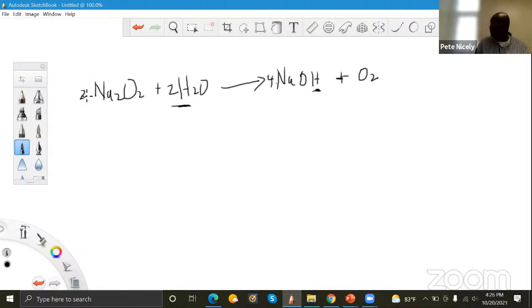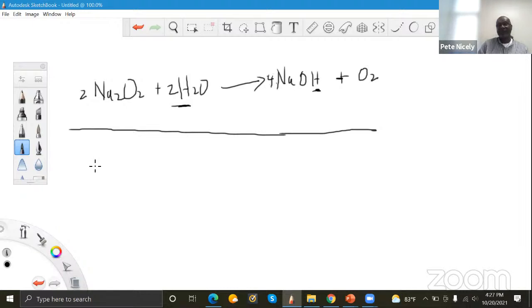Okay, very good. The last one in this series, is silicon dioxide plus hydrogen fluoride to give you silicon tetrafluoride plus water. So what's the formula for silicon dioxide, firstly? What's the formula for silicon dioxide? SiO2, correct.